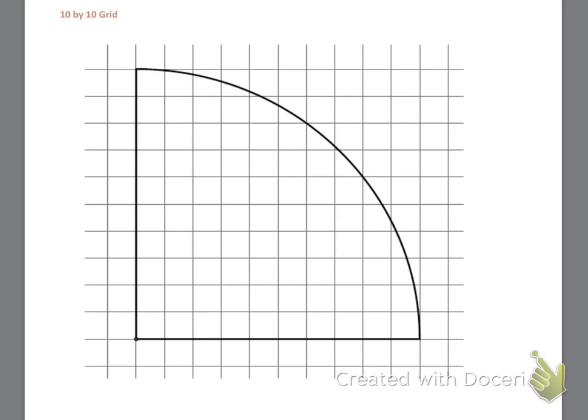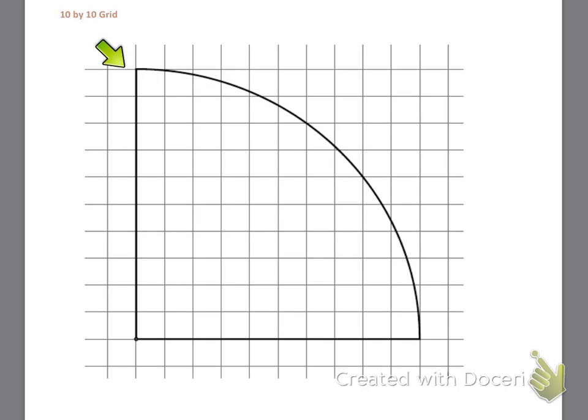At the end of this lesson, you should have a sheet here with a 10 by 10 grid, and then you're going to have a 20 by 20. But we're going to start with a 10 by 10 grid. If you don't have this sheet, you can just get a piece of graph paper, and what you're going to need to do is mark off a radius of 10 units or 10 squares on your graph paper. Get a compass and draw this circle.